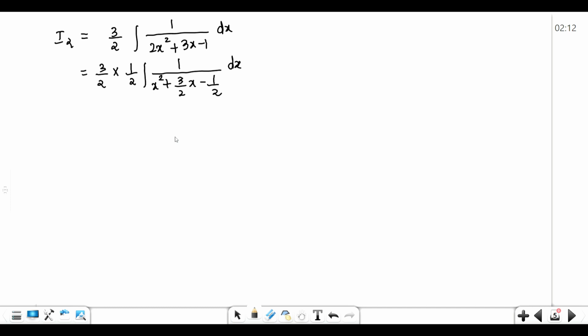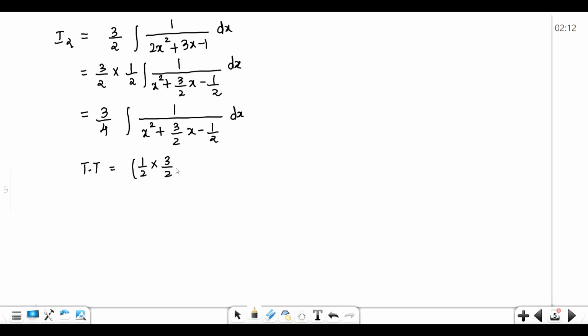So that will give you 3 by 4 integration 1 upon x square plus 3 by 2 x minus 1 by 2. Now in order to complete the square, we have to find the third term. So the third term is half into the coefficient of x, the whole square. Coefficient of x is 3 by 2, so half of it is 3 by 4, the whole square, which is 9 by 16.